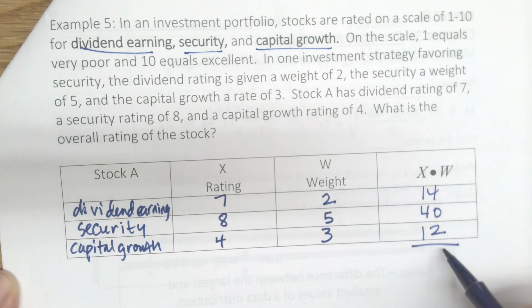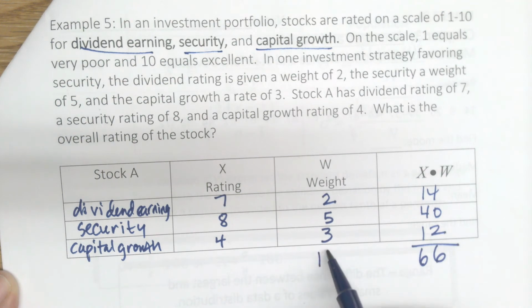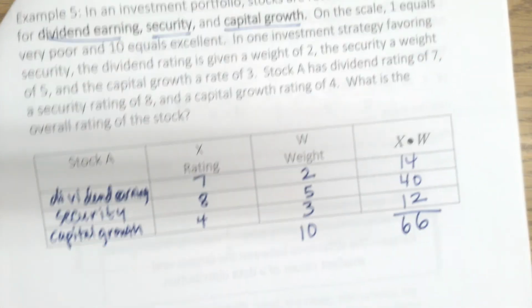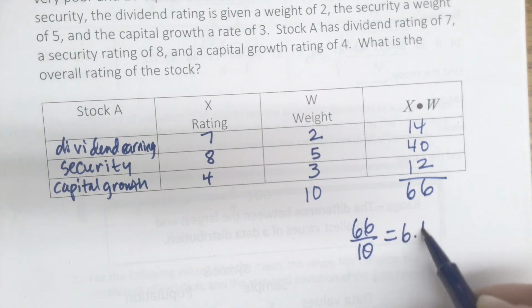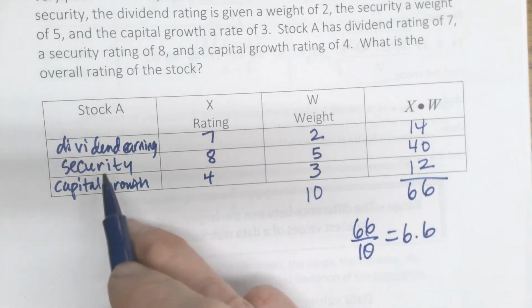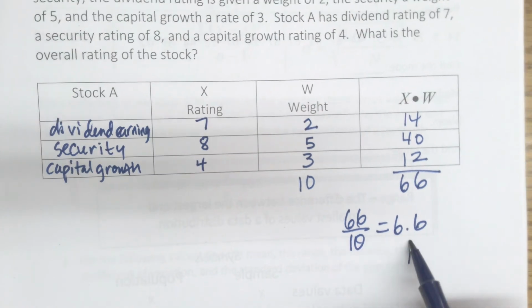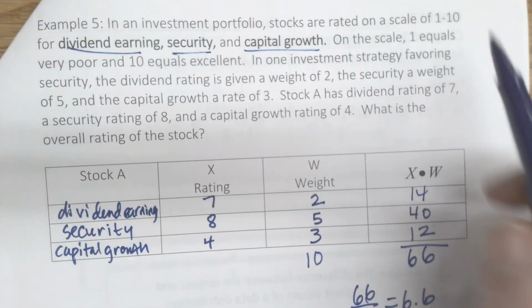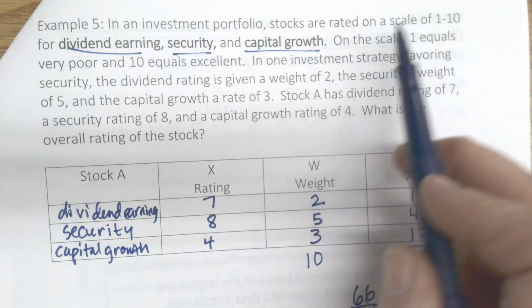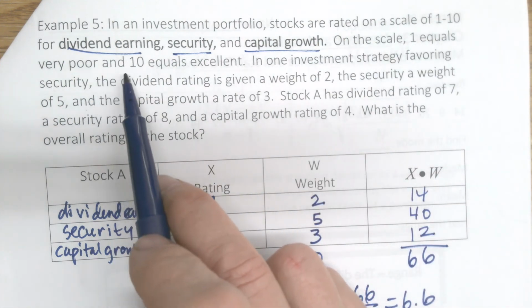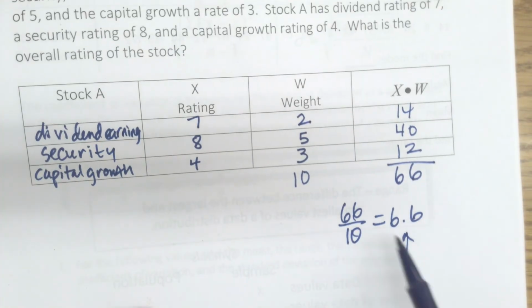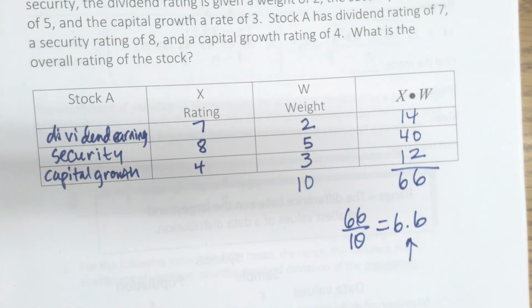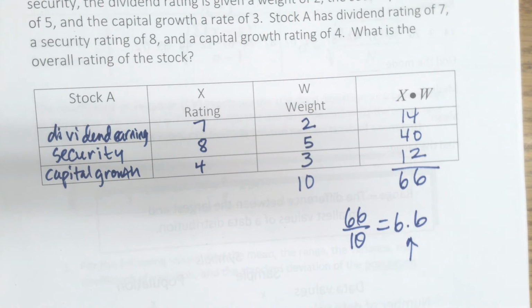I'll add those up, 66, and I'll add up my weights, 10, and I'll take 66 divided by 10, or 6.6. So we would say this stock A has a 6.6 rating. If I'm looking at a scale of 1 to 10, where 1 is very poor and 10 is excellent, this would be kind of a mid-range stock, and that's how I would interpret that.